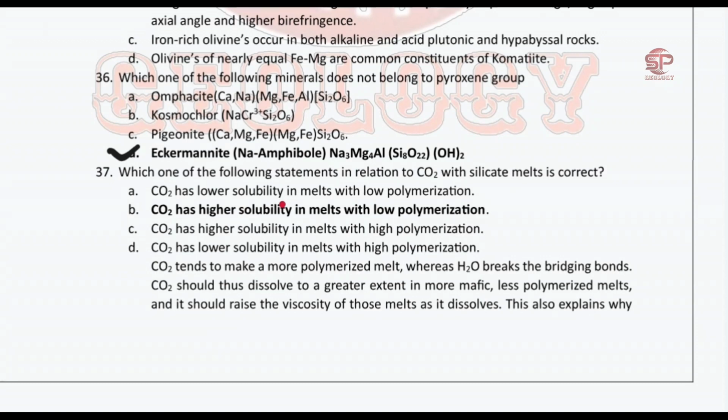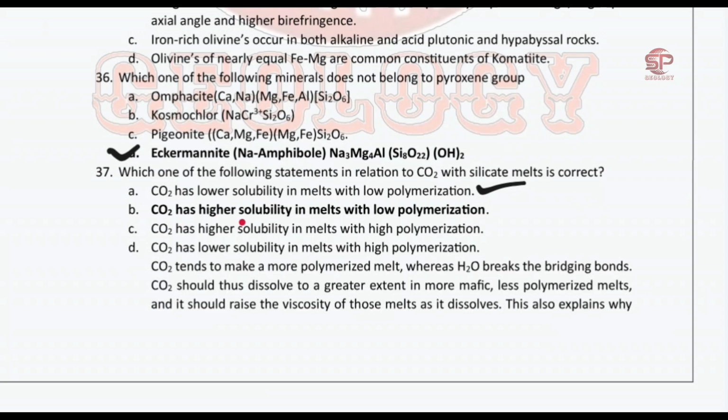CO2 has lower solubility in melts with low polymerization. CO2 generally polymerizes melt, it helps to polymerize melt. So it always prefers melts that have low polymerization, so CO2 has a greater degree of solubility in low polymerized melt, that is in mafic melt.